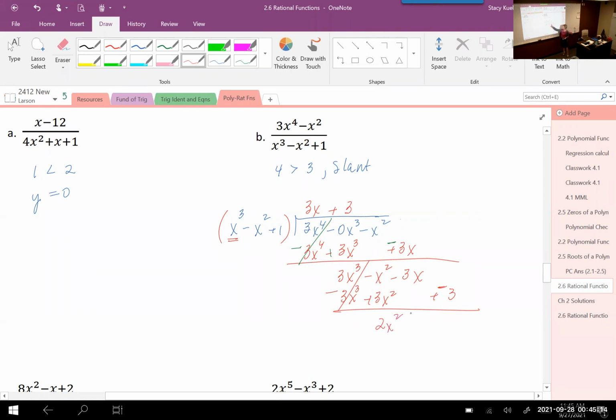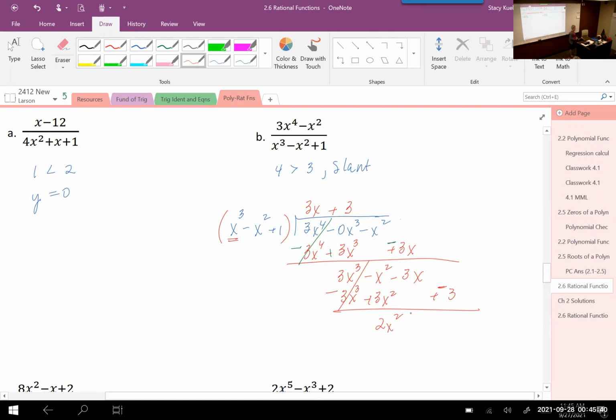When I subtract, or add, I guess, 3x squared with a negative x squared, I have 2x squared, correct? Well, that is all of a sudden less than what I'm dividing into it, so I've now come into the remainder portion of this, right? Because this is less than what I'm dividing into it. That means we have a remainder.